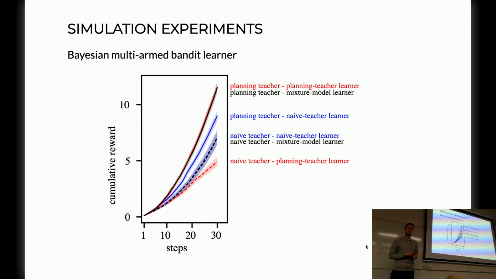Yeah. Those models for the teacher and the learner, do they start appearing only during the teaching process, or do you assume some prior knowledge? So we assume basically that the model families are correct in this work. So we have quite strong assumptions about the models.